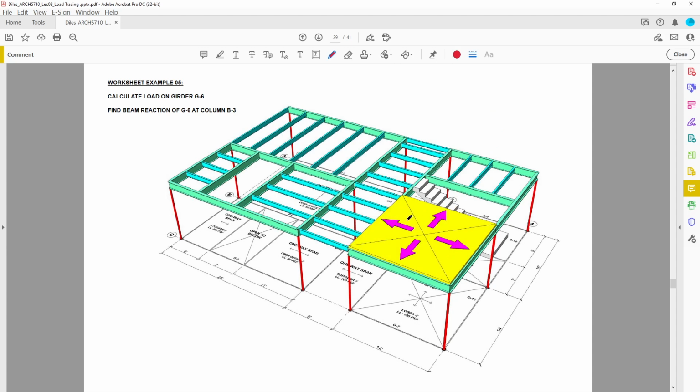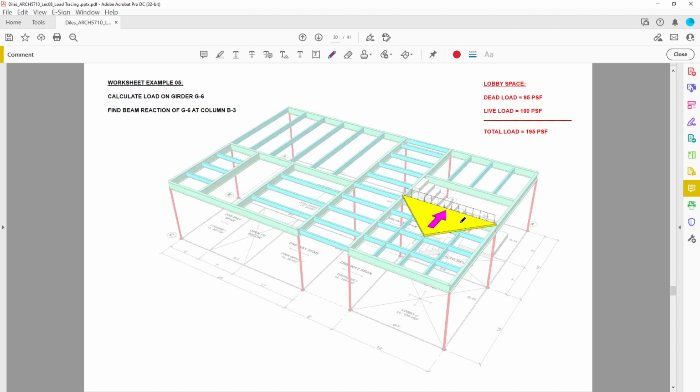Here's our two-way span. This is how the two-way span is distributing the load. So this is the tributary area for each girder on either side of that space. And if we're looking at G6, this is the area of the continuous load that gets distributed along the top of G6.